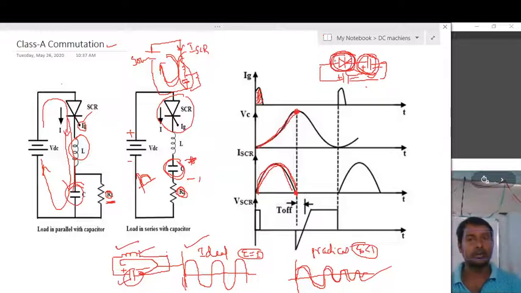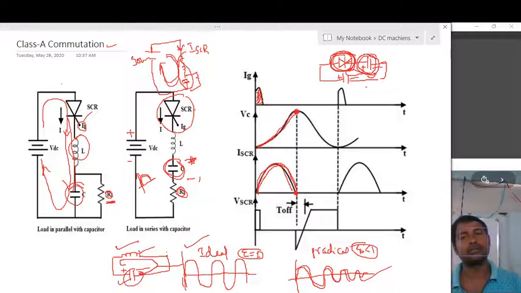But according to the commutation techniques, turning off of the SCR is possible only if the current through the SCR becomes zero and a negative voltage is applied across it.